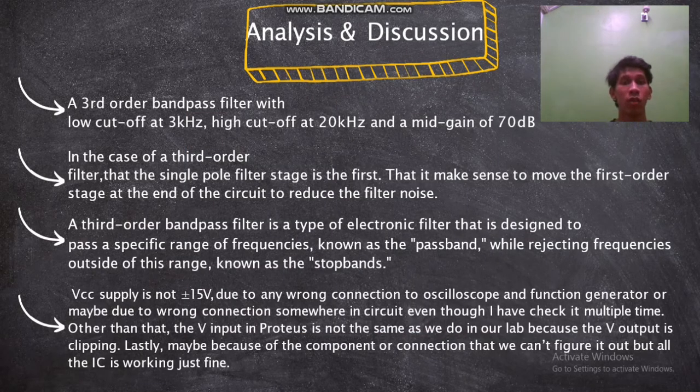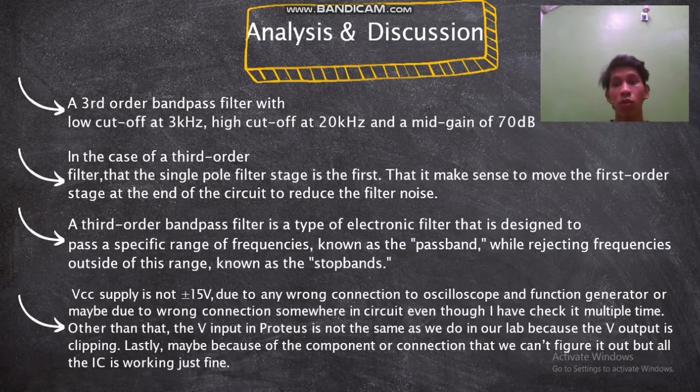For the analysis and discussion, we use a third order bandpass filter with the low cutoff at 3 kHz, high cutoff at 20 kHz, and our mid gain of 70 dB. In the third order filter, the single order filter stage is the first circuit at the op-amp.